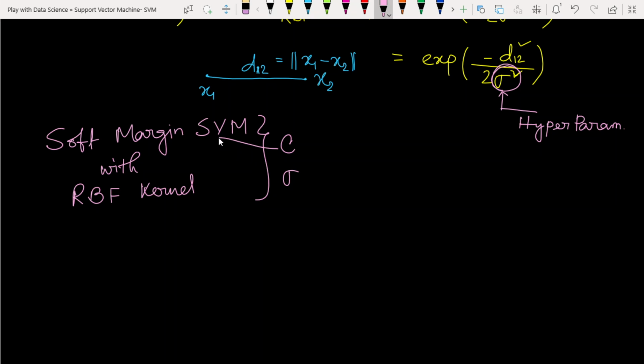C comes from the soft margin SVM, and sigma comes from the RBF kernel. These two are hyperparameters.